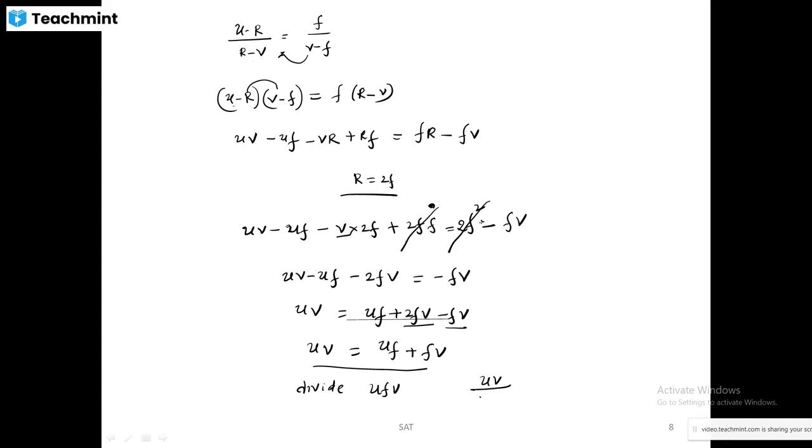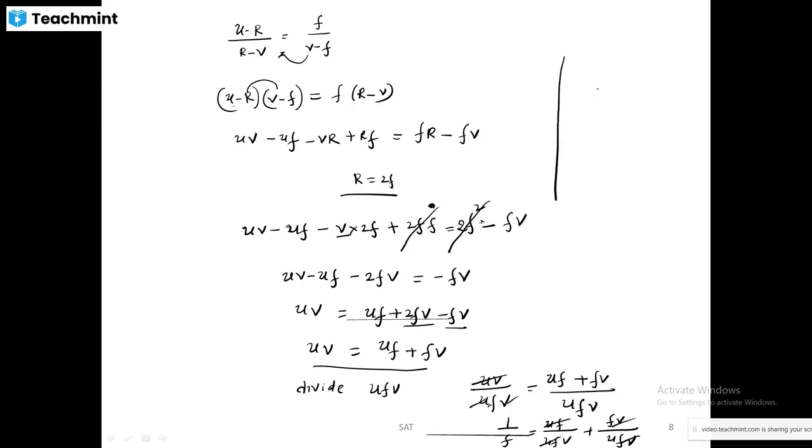So UV by UFV is equal to UF plus FV by UFV, and UV... then 1 by F is equal to UF by UFV plus FV by UFV. UF cancels, FV cancels. Therefore my answer is 1 by F is equal to 1 by V plus 1 by U. This is my mirror formula.